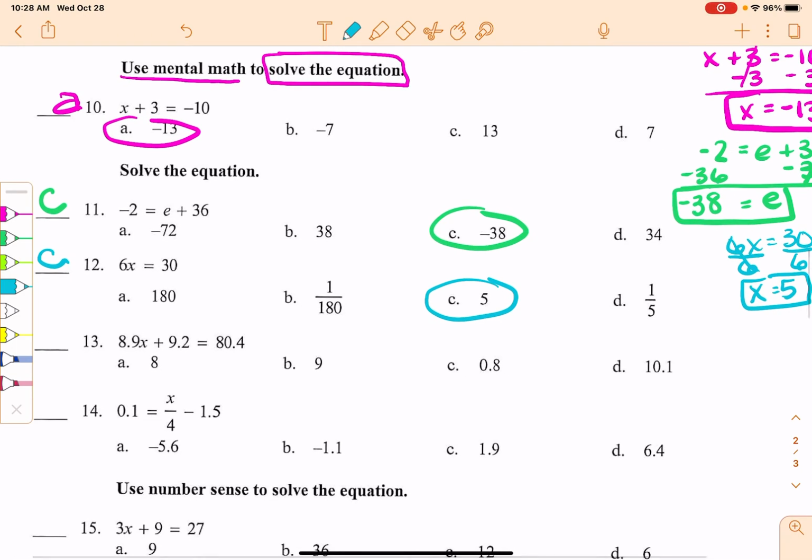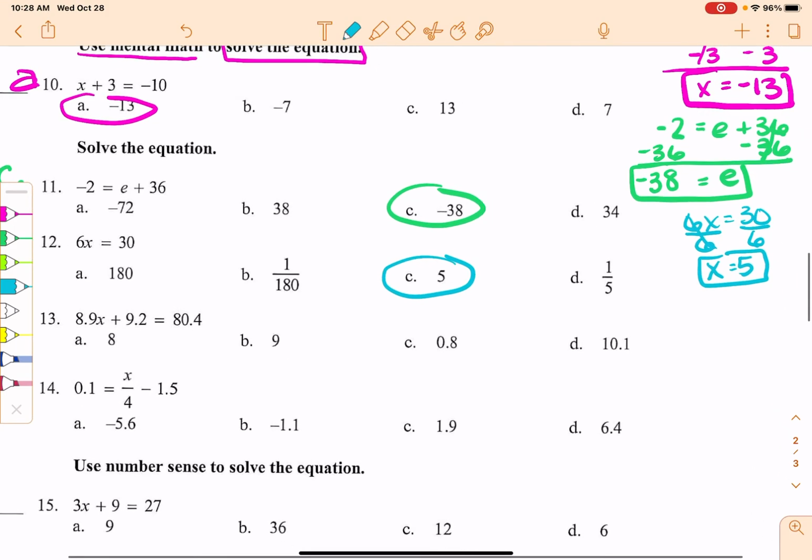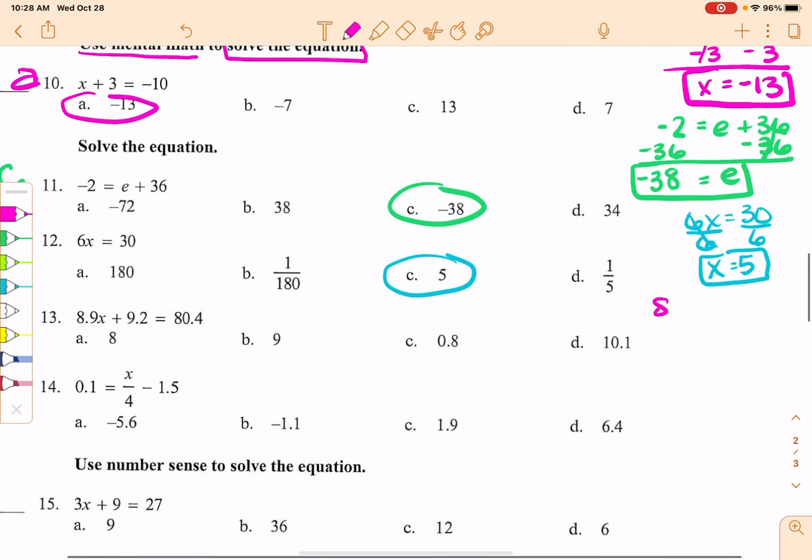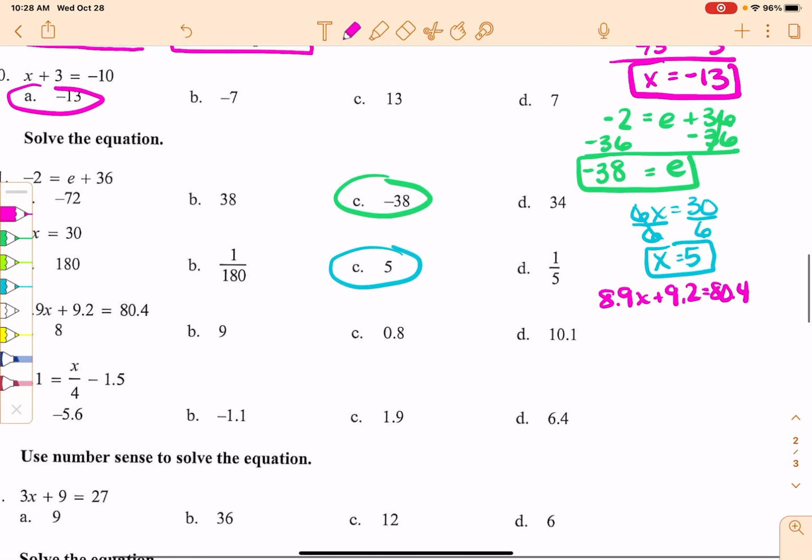Okay, now the next couple I put on there because I don't want you to be thrown off if there's decimals. So on the next one, 8.9x plus 9.2 equals 80.4. So I'm subtracting 9.2 from both sides.